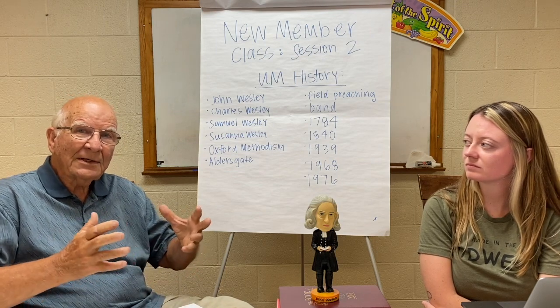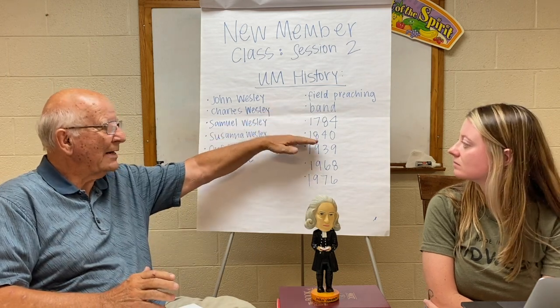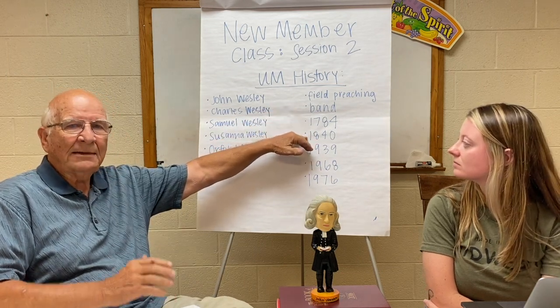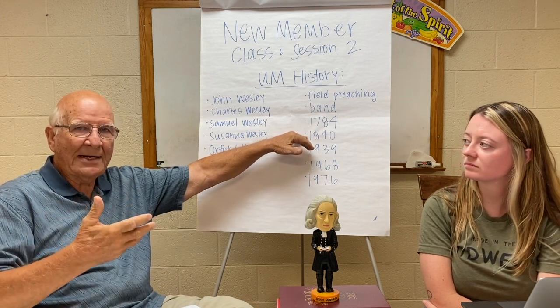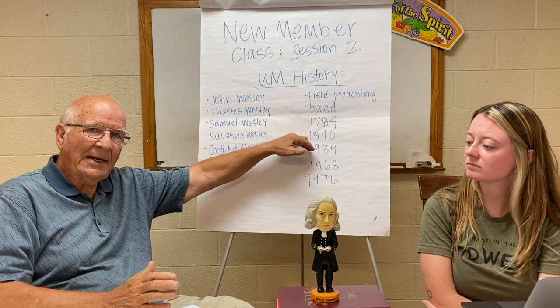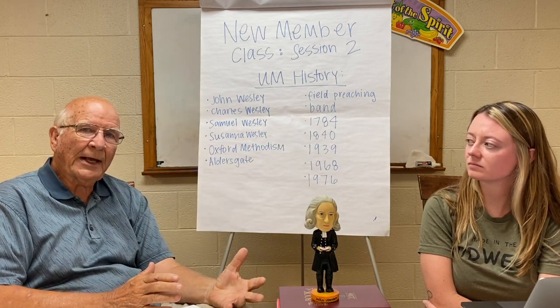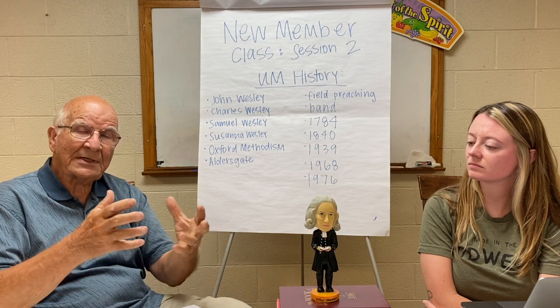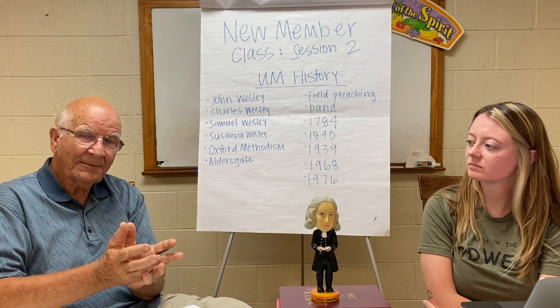But in this movement, from 1784 to 1840, the Methodist Church was the church of the new land. It grew literally by leaps and bounds as lay leadership was essential in England in the forming of societies.